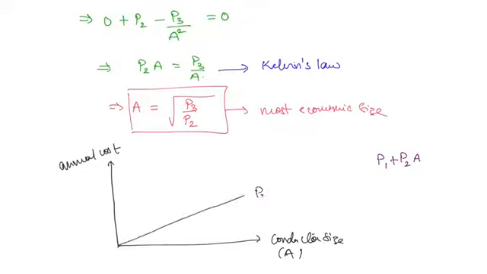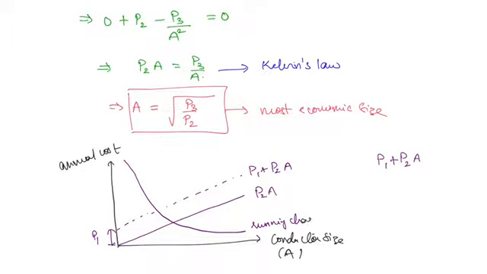And if you want to represent the entire fixed charges, it is just displaced by P1, so this is P1 plus P2A. Next we have the running charges. This is inversely proportional, so it is going to be like this. This is the running charge, that is P3 by A. The point where these two meet will be the most economic size.